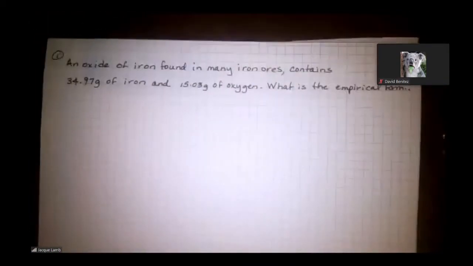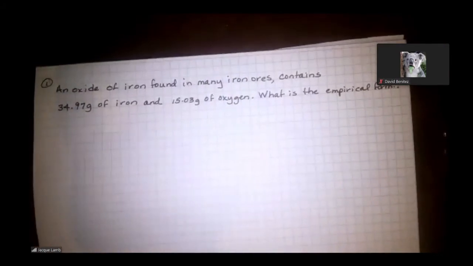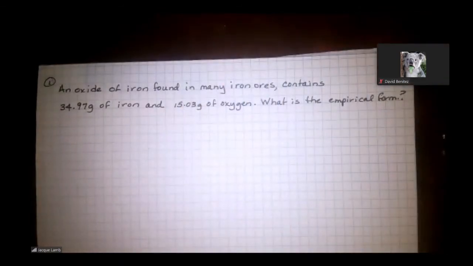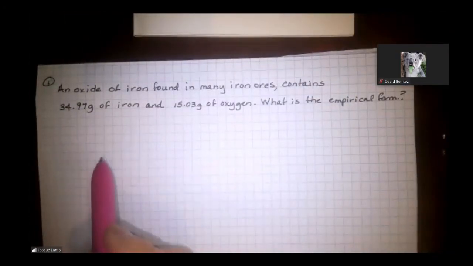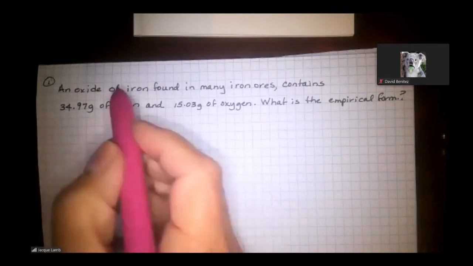Okay. So that first one was an oxide of iron found in many iron ores, and it contains 34.97 grams of iron and 15.03 grams of oxygen. I want to know what the empirical formula is.